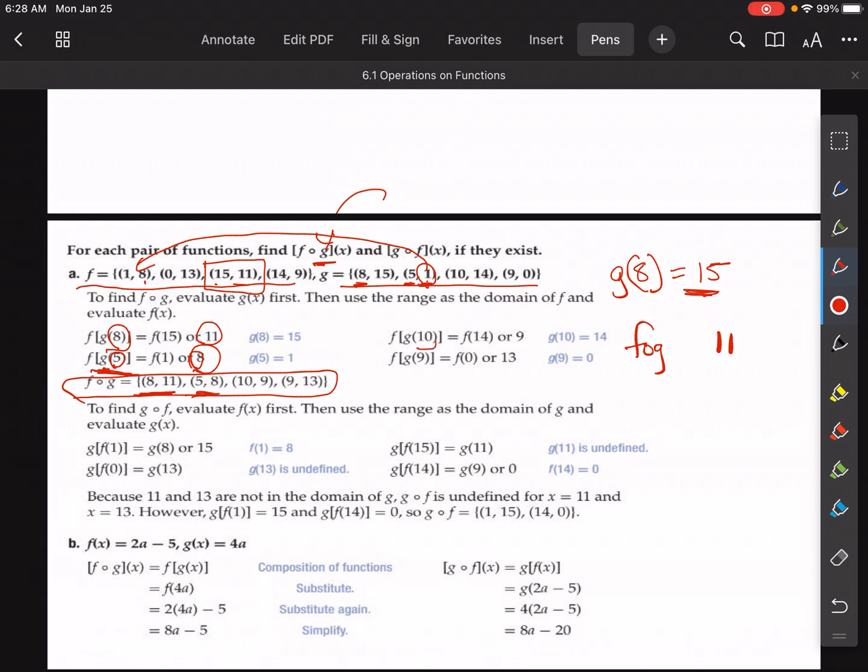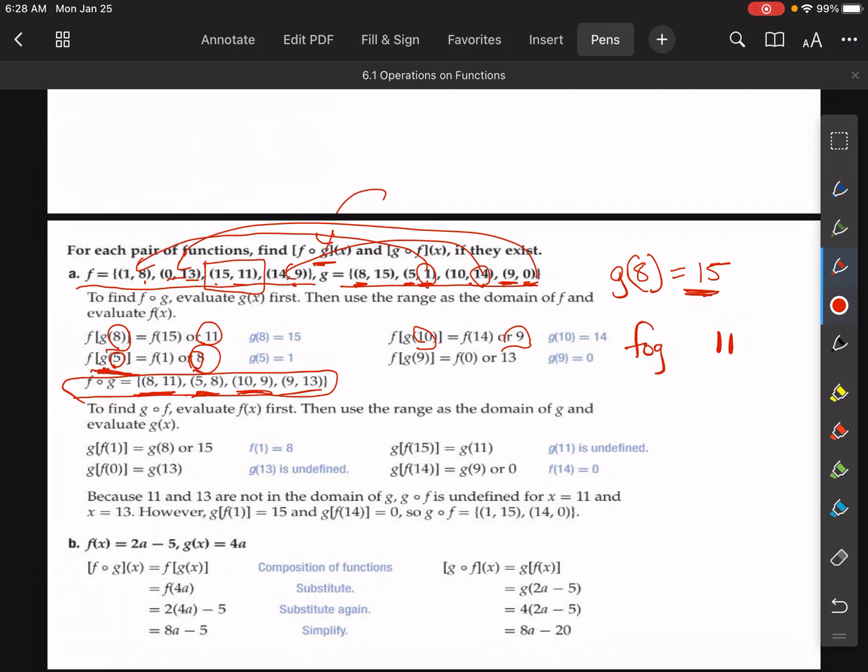If I plug a 10 into g, I get a 14 out. I plug that into the f function, I get a 9 out. So 10, 9 is one of my answers. For the final one, if I plug a 9 into the g function, I get a 0 out. Take that 0 and plug it into the f function, I get a 13 out. So 9, 13 is my final.